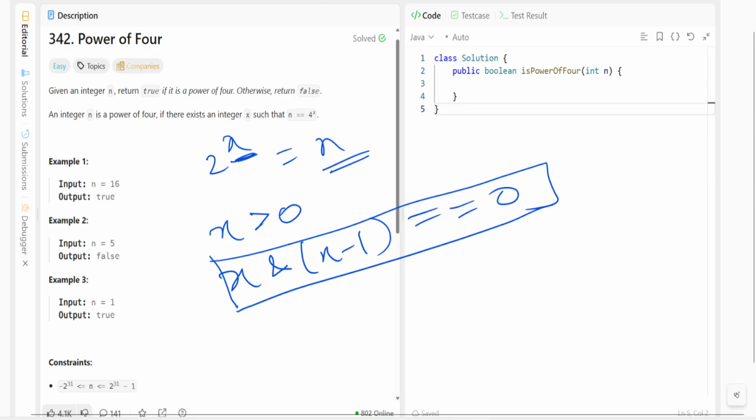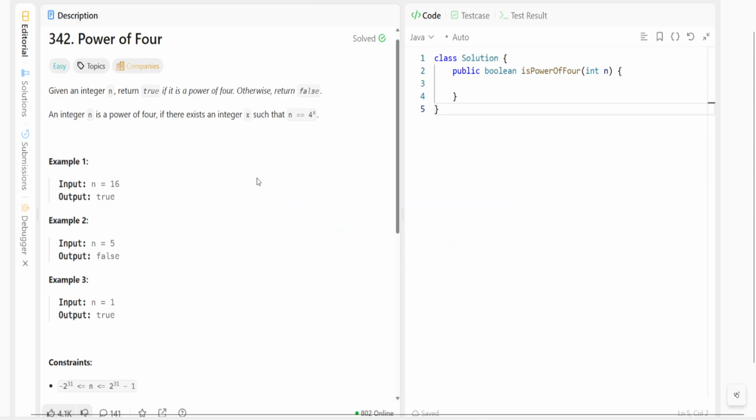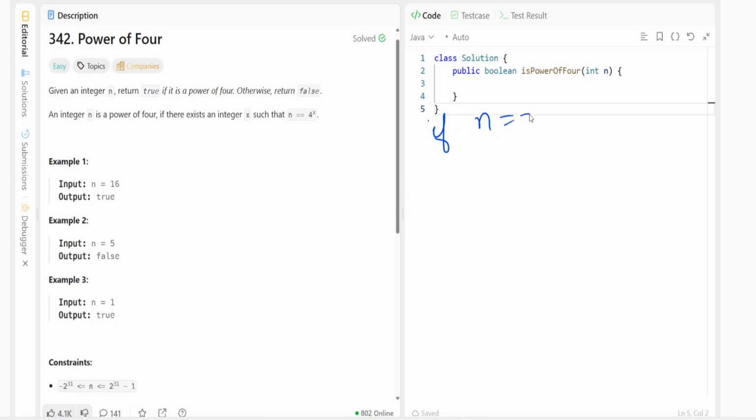If we want to implement it similarly, let's suppose we are given n, and I'll write a condition: if n is equal to 0, we return false.